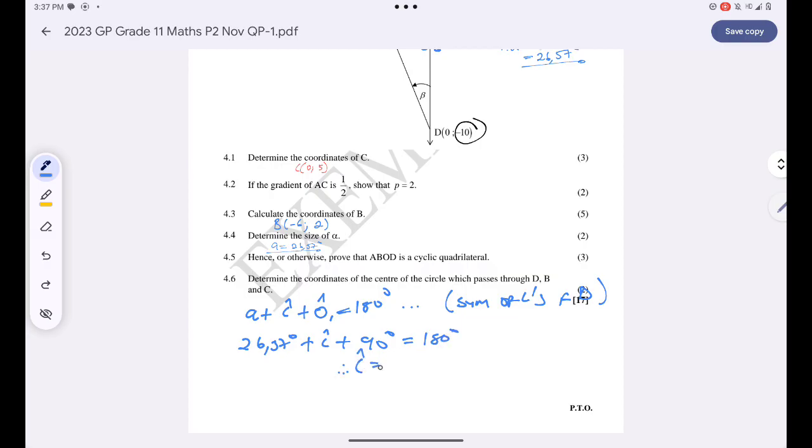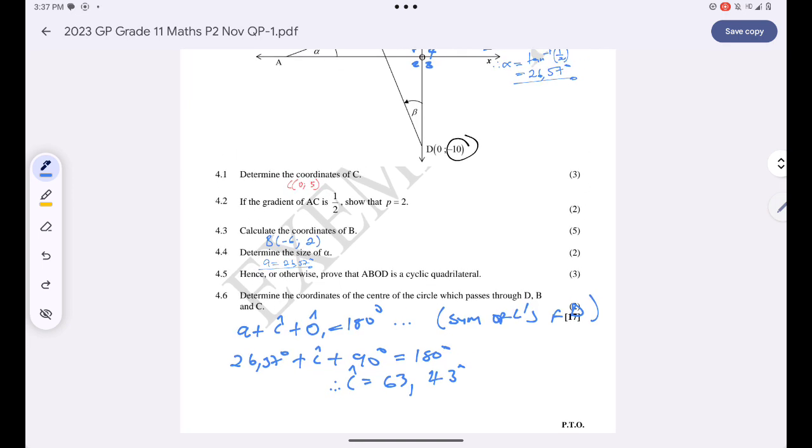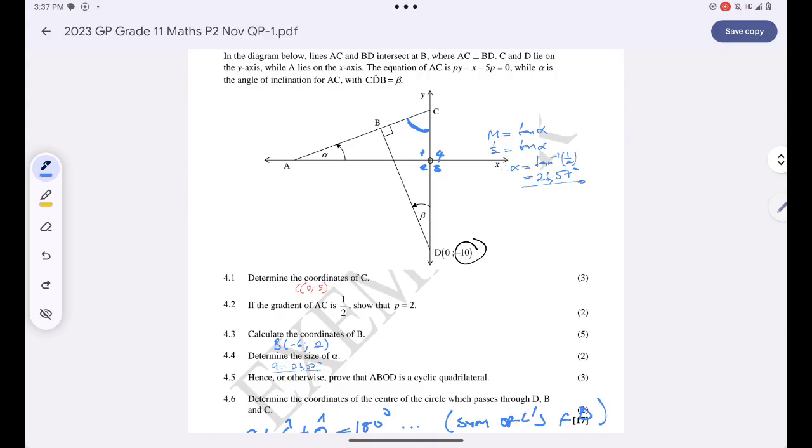So angle C is equal to 63.43 degrees. All right, together. So if I can show that angle beta is also equal to 26.57, I can therefore conclude that I have a cyclic quad. Why? Because the angles in the same segment are equal.